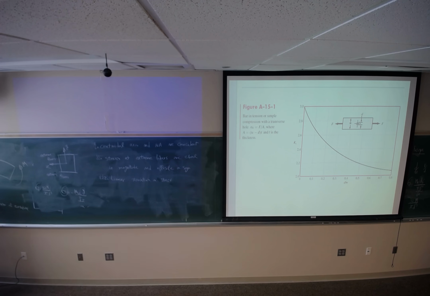So I can define Ri as the inner fiber radius, the radius for the inner fiber. And I can have Ro as the radius for the outer fiber.